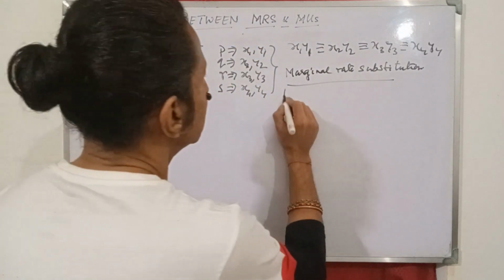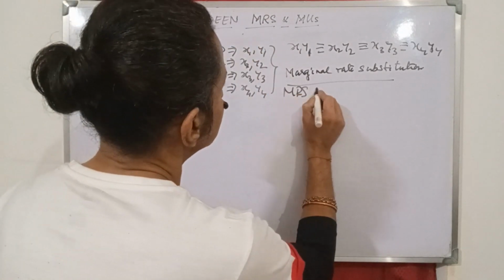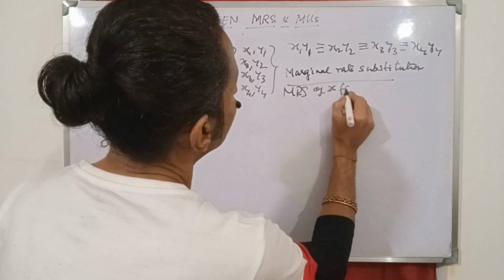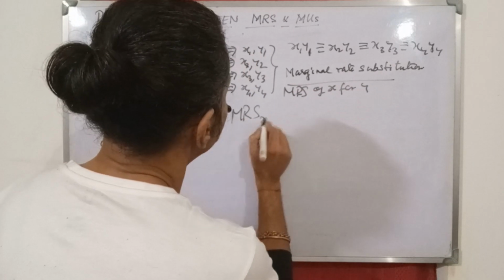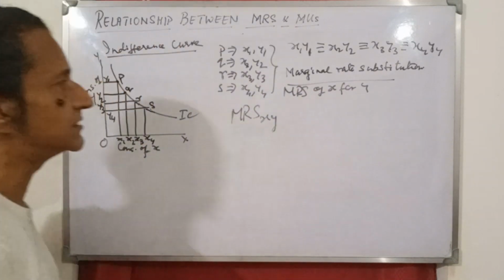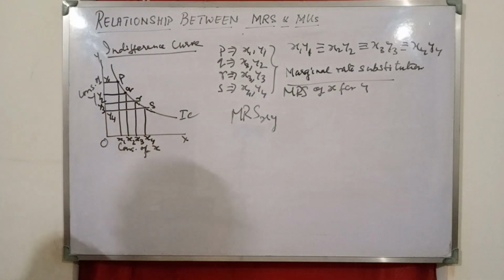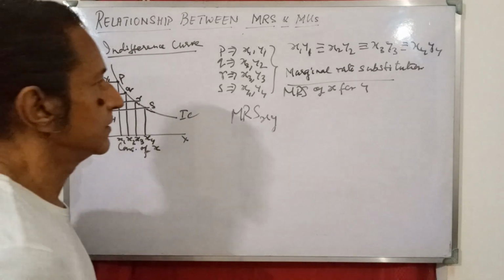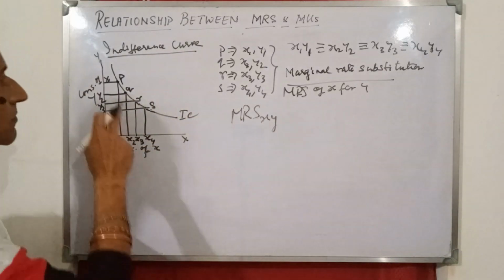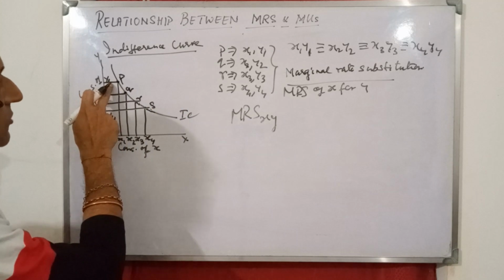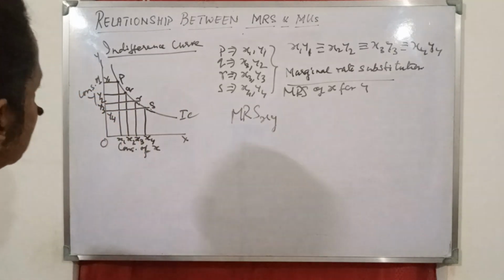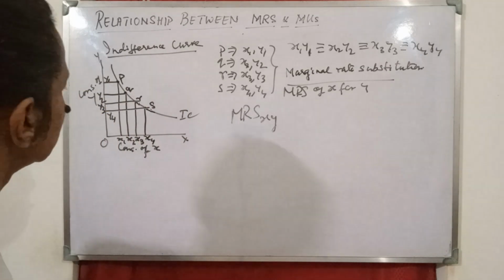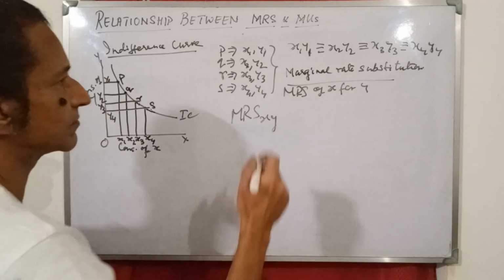When you say marginal rate of substitution of X for Y, we write like this: MRS sub XY. This means marginal rate of substitution of X for Y. Now as the consumer is moving down from point P to Q, then to R, and then finally to S, his consumption of Y is falling and consumption of X is rising.